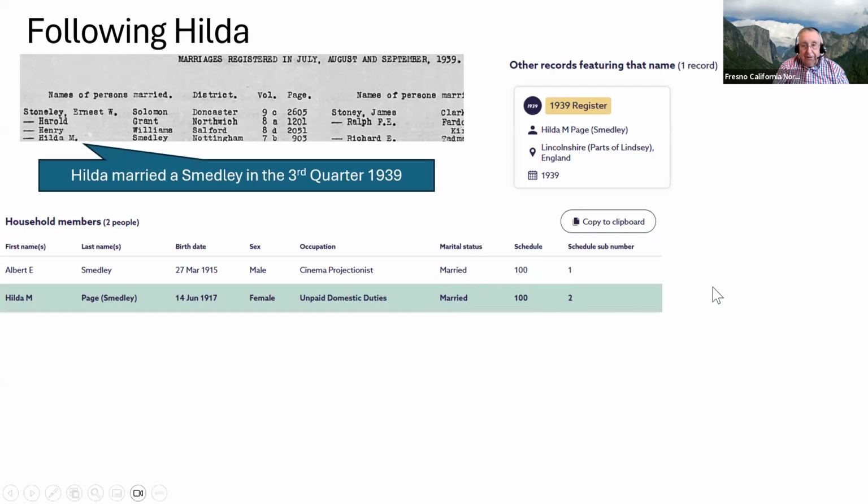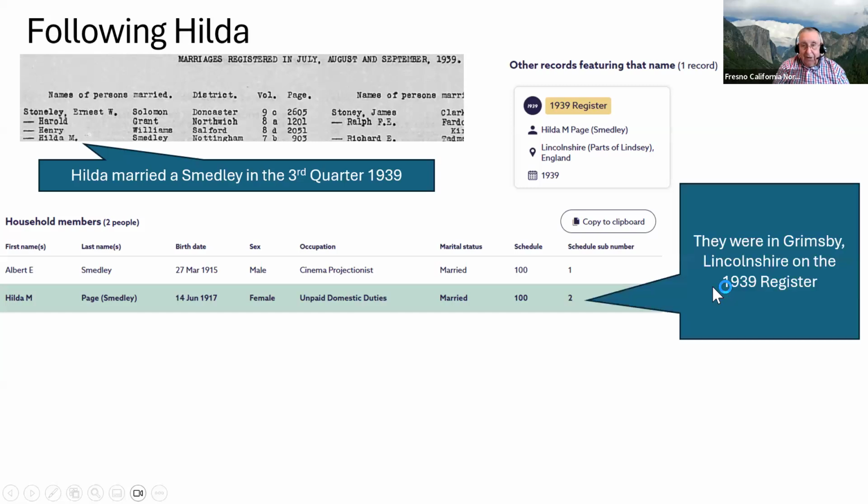It shows that they were married, and they were living in Grimsley, Lincolnshire. They'd moved over into Lincolnshire at this time.